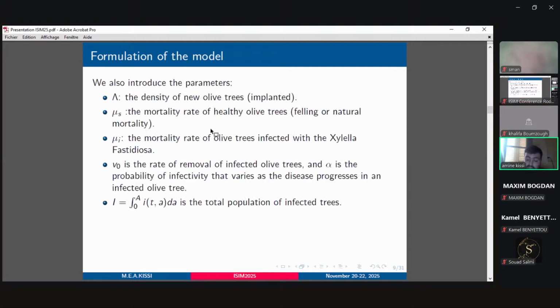We also introduce lambda, the density of new olive trees, mu as the mortality rate of all healthy olive trees, mu_I the mortality rate of olive trees with Xylella fastidiosa, V0 here the rate of the removal of infected olive trees, and we note that I equals the integral of I(t,a) da, the total population of infected olive trees.